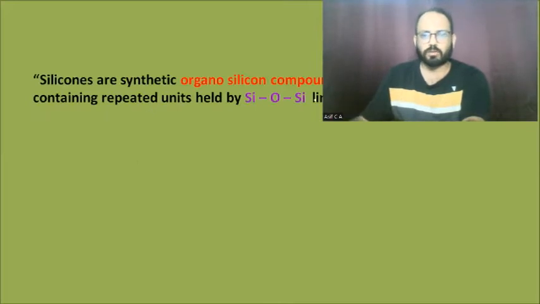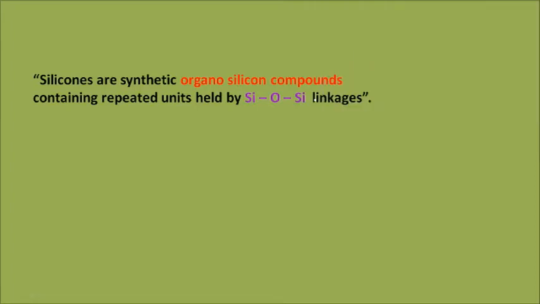What are silicones? Silicones are organosilicon compounds containing repeating units of Si-O-Si linkage. Silicones are synthetic organosilicon compounds containing repeating units held by Si-O-Si linkage.